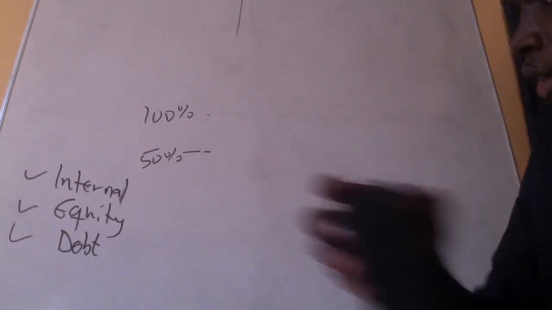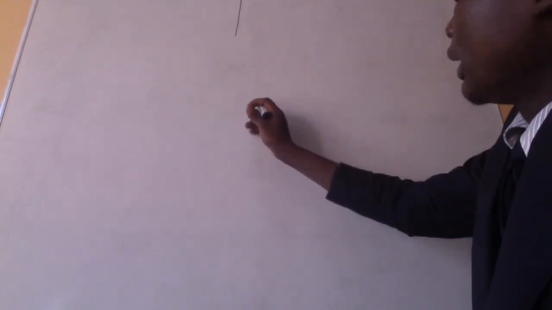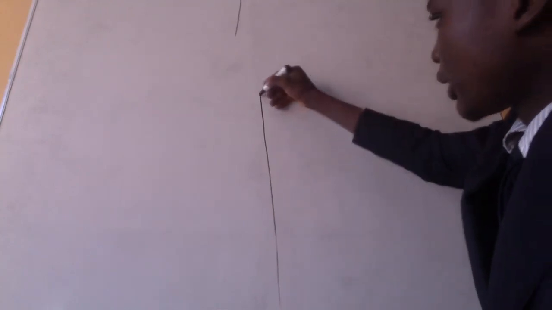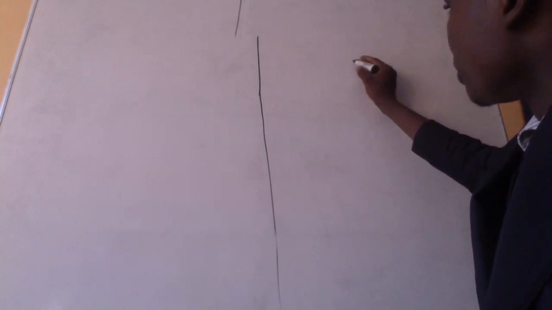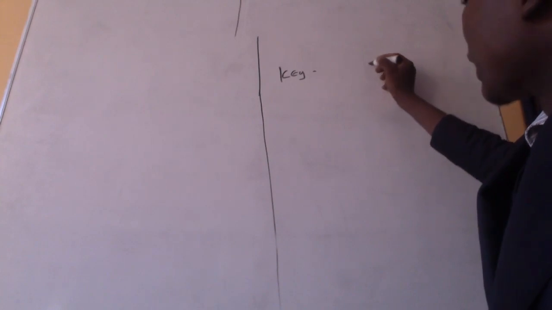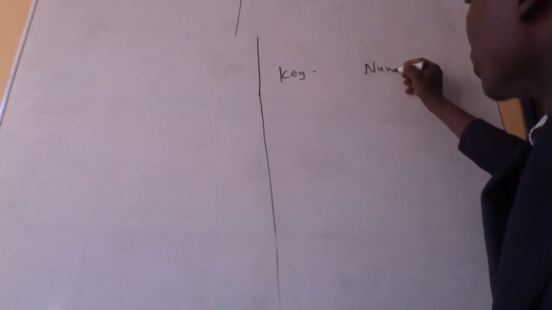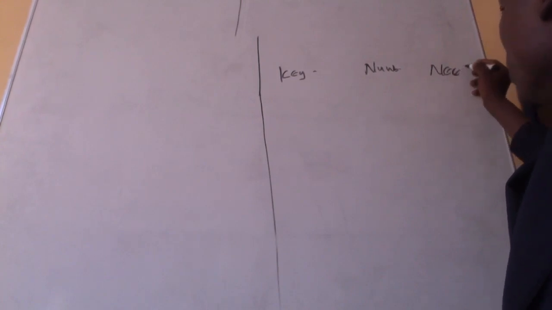Now the ratios that we have, in fact, there are many, and we have given you the key ones. So we have to do something about it. What do we have to do? Let's do something here. Let me start and write the key ratios, the number that we know right now, and what you need for examination purposes.